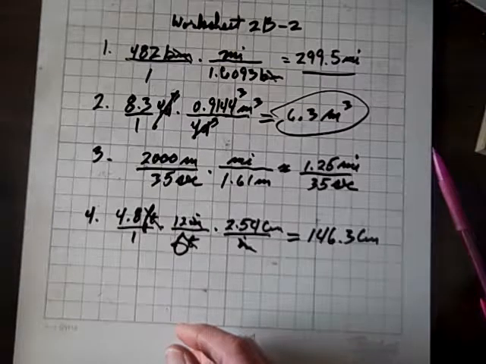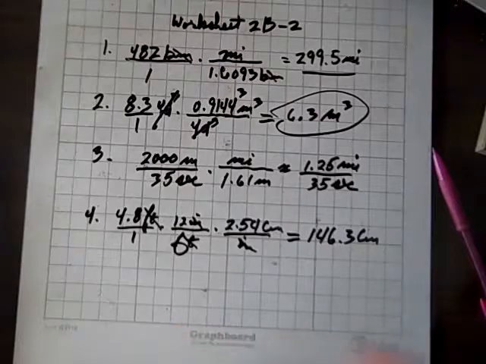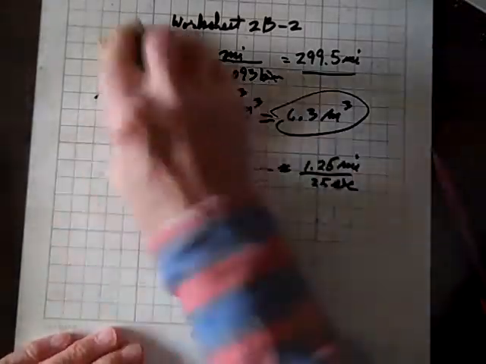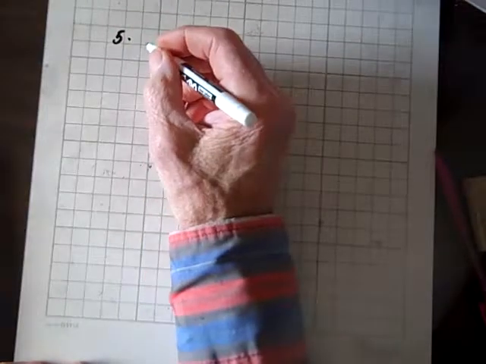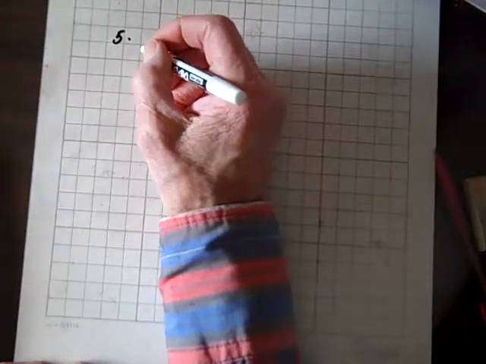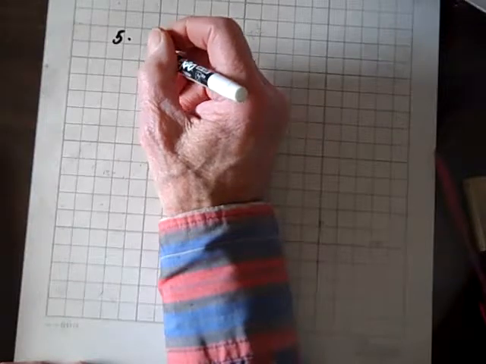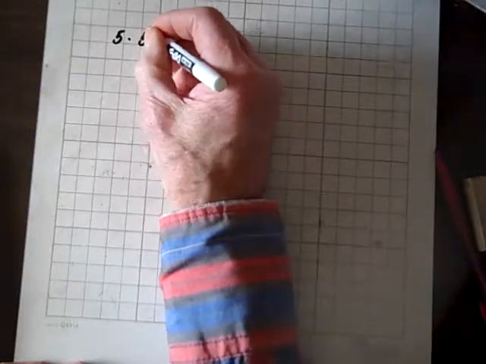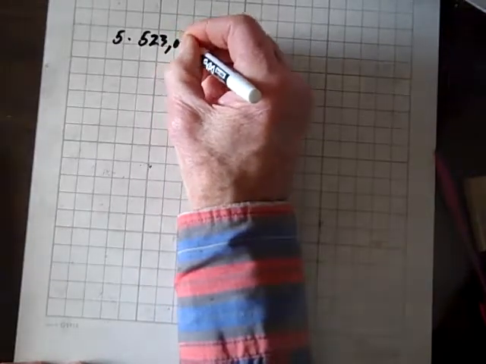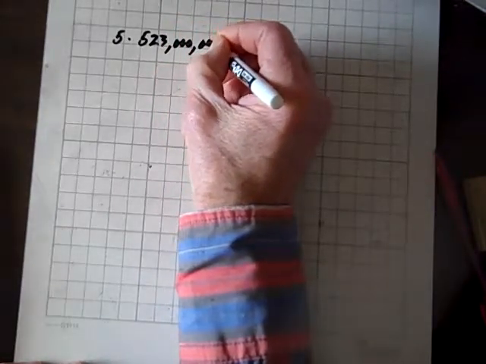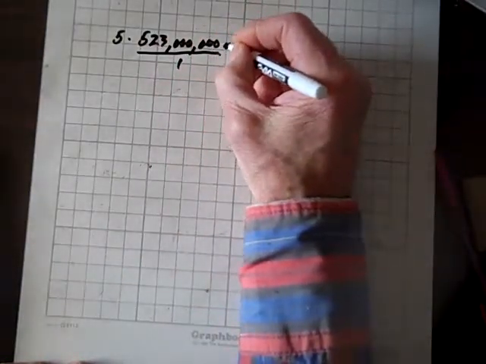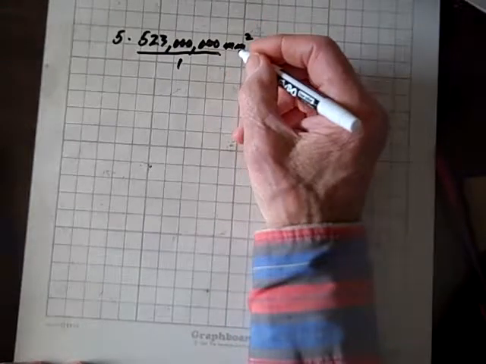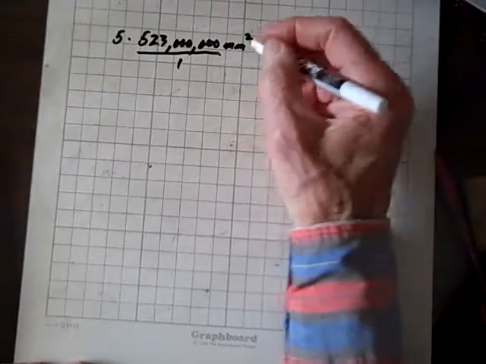So number 5, convert this area to square hectometers. Well, let me erase this and we'll do number 5. And we've got 523 million over 1 square millimeters, so millimeters squared. And we've got to convert this area to hectometers.